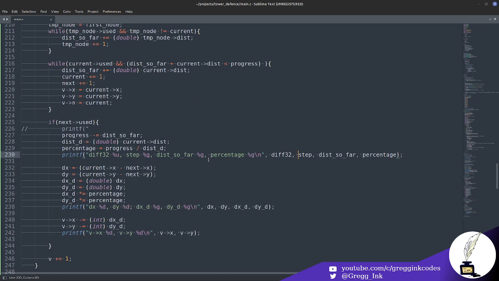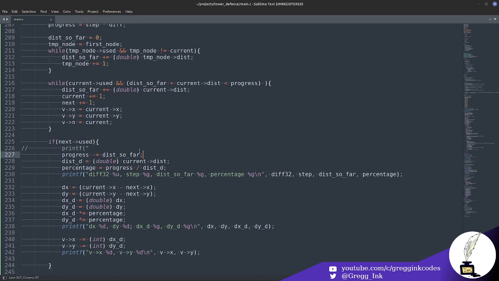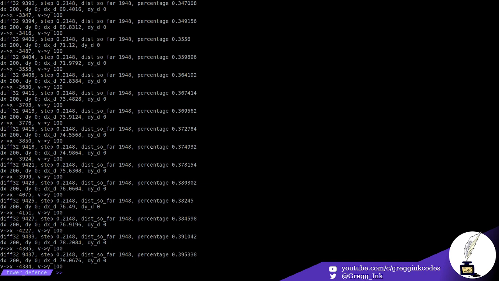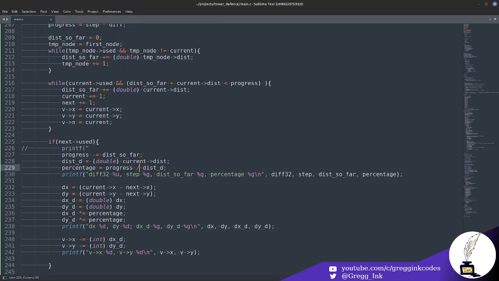How is it way too fast? The percentage of where it should be at through that section.